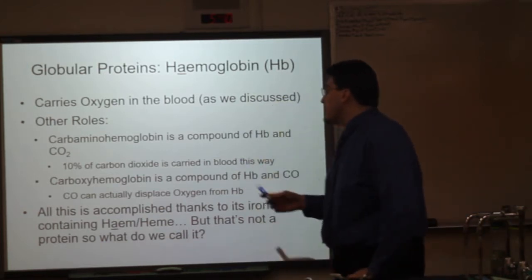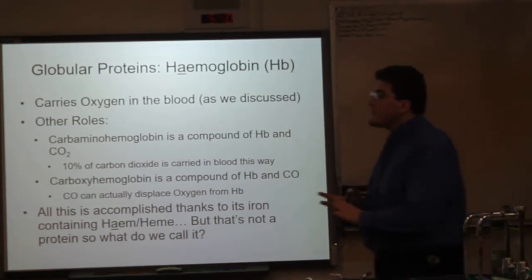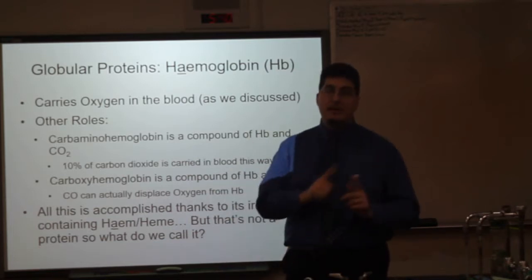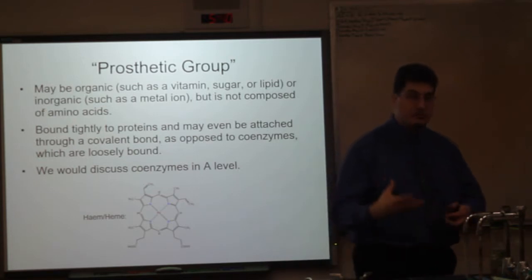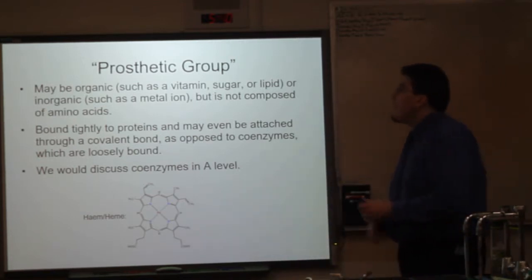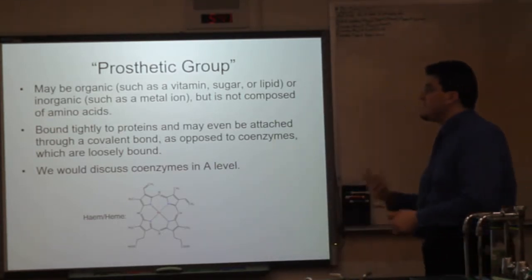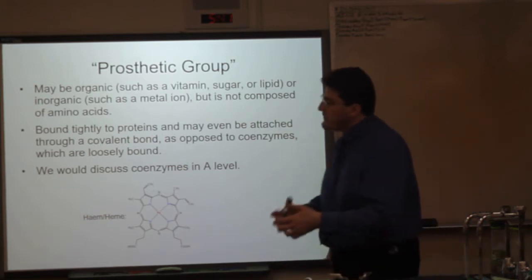So all this is accomplished thanks to the iron-containing heme, but that's not a protein. Because it's not a protein, but it's attached to a protein, it's not composed of amino acids, but it's part of a protein, we're going to call it a prosthetic group. So prosthetic groups may be organic, such as a vitamin, a sugar, a lipid, or inorganic, such as a metal ion. But it is not composed of amino acids.